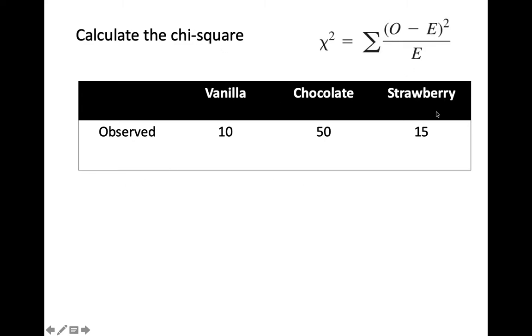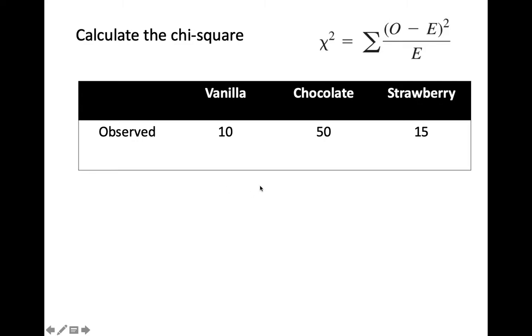Okay, so these are the observed frequencies. The way that we figure the expected frequency is that under the null hypothesis, there is no preference between the three flavors. Another way of saying that is that there is an equal distribution across the categories of this variable. So what does an equal distribution look like?